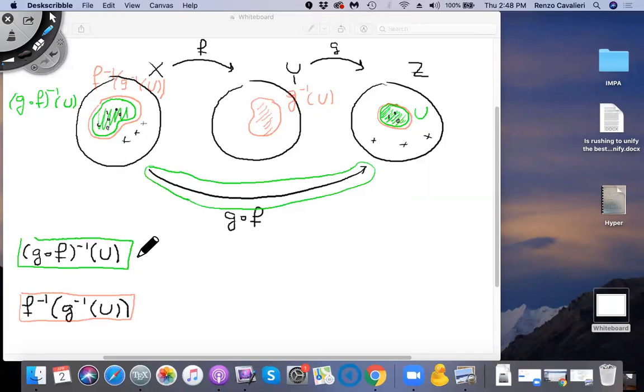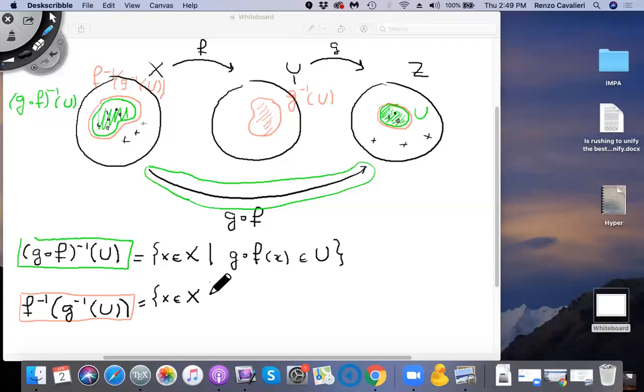Well, you say, okay, what is the definition of (g composed with f) inverse of U? Well, this is the set of x in X such that g composed with f of x is in U. Okay, but then let's see what is the definition of this set. Well, these are the x in X, because this is first of f inverse of g inverse of U, right?